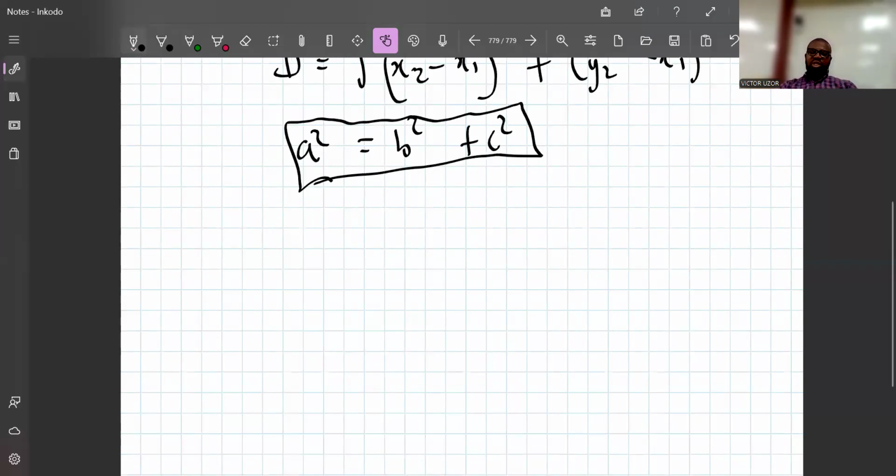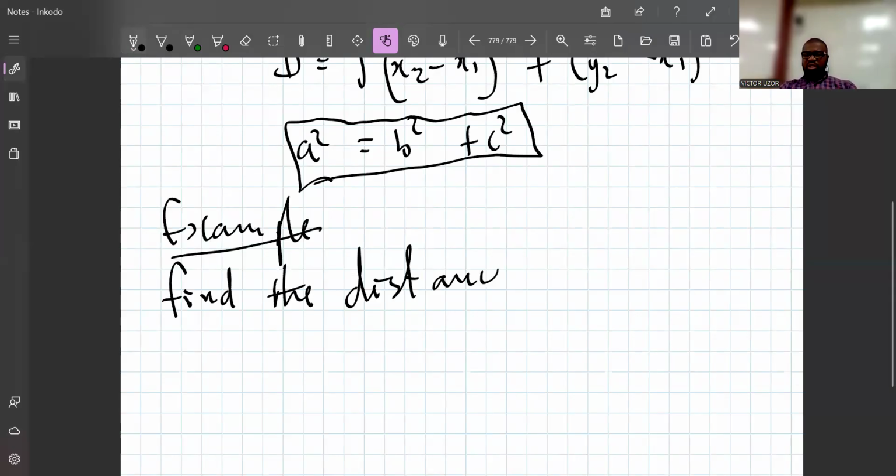For example, if you are asked to find the distance between these 2 points.